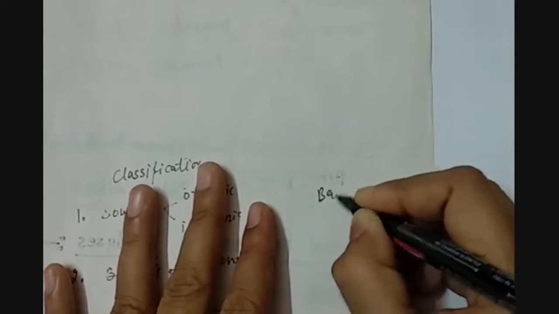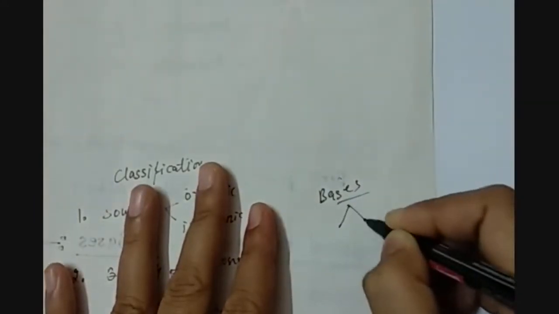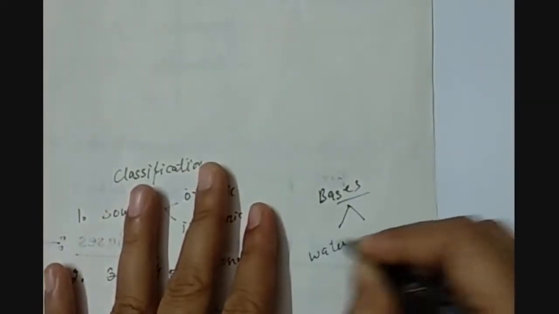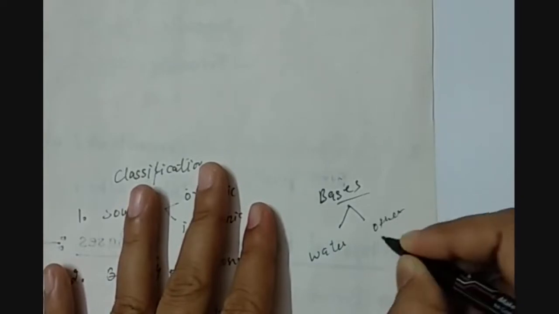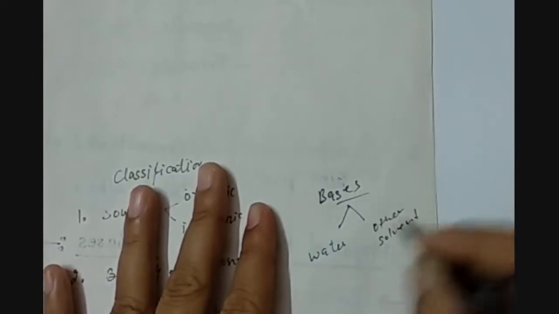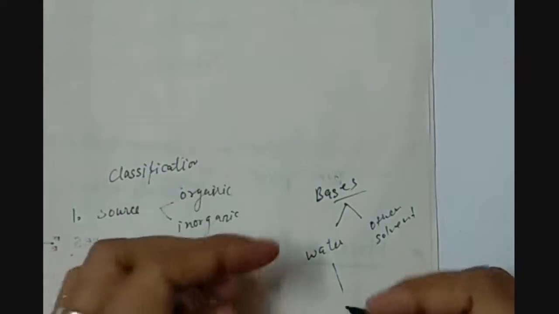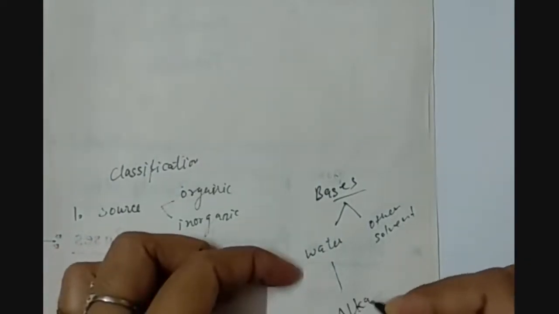And fourth, we studied that bases can be of two types, water soluble and soluble in other solvents. Water soluble bases are called alkalis. So this we studied in this lecture.